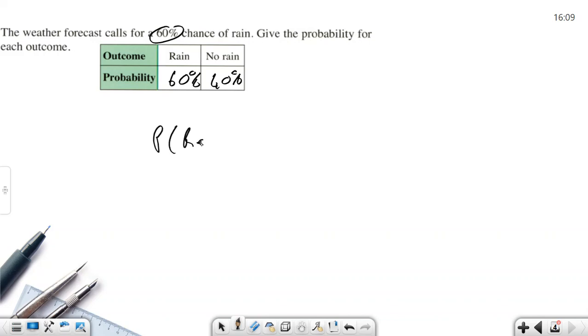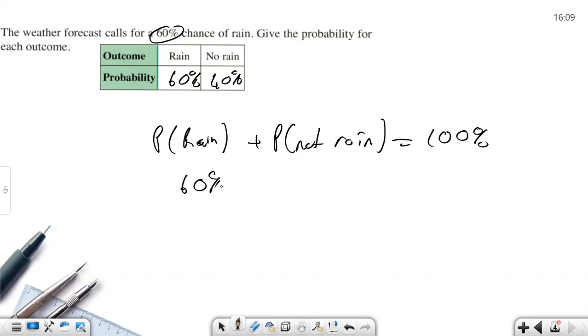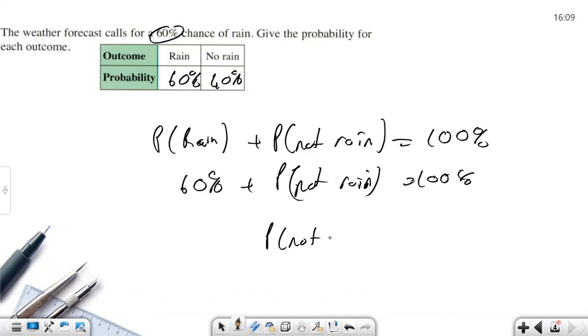Probability of rain plus probability of not rain must equal 1, but as a percentage we can say 100%. If this is 60% plus the probability of not rain, it equals 100%, so I can say the probability of not rain equals 40%.